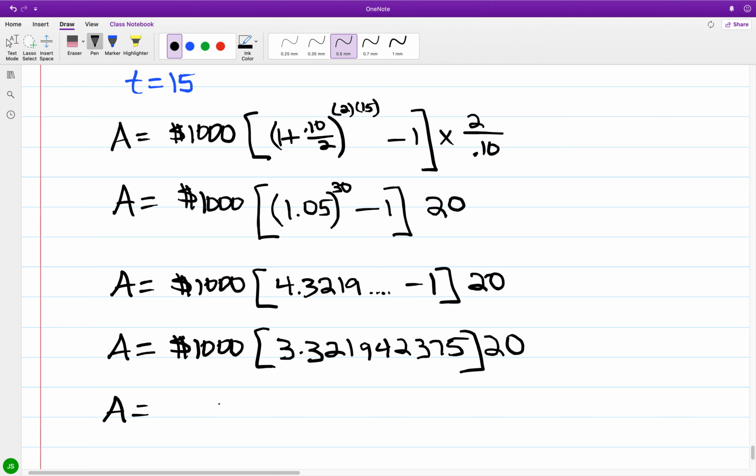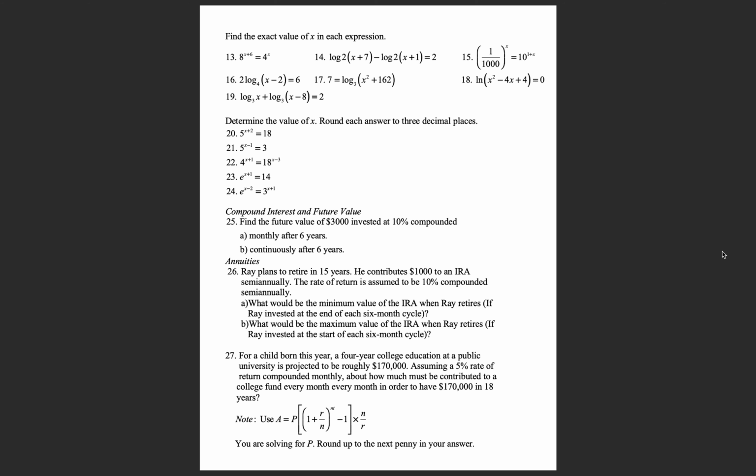So for the future value in this case, we're looking right at $66,438.85.